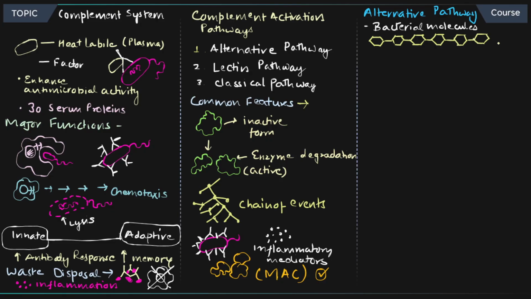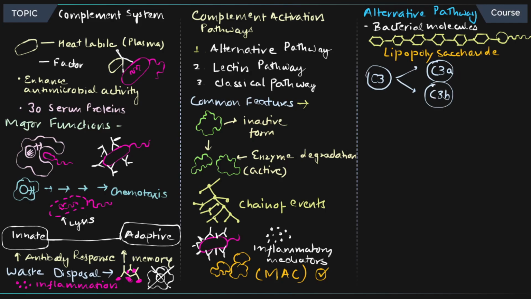One important example is LPS, lipopolysaccharide, a molecule composed of lipid and also a sugar moiety. This can activate this pathway. The C3 protein is converted into two different proteins, C3a and C3b. So degradation is going to happen.